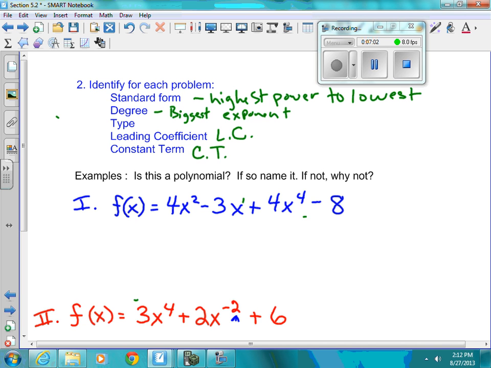And the type. Is it a constant? Is it a quartic? Is it a cubic? Is it a quadratic equation? Also name the leading coefficient, the LC. That is the first coefficient in standard form.